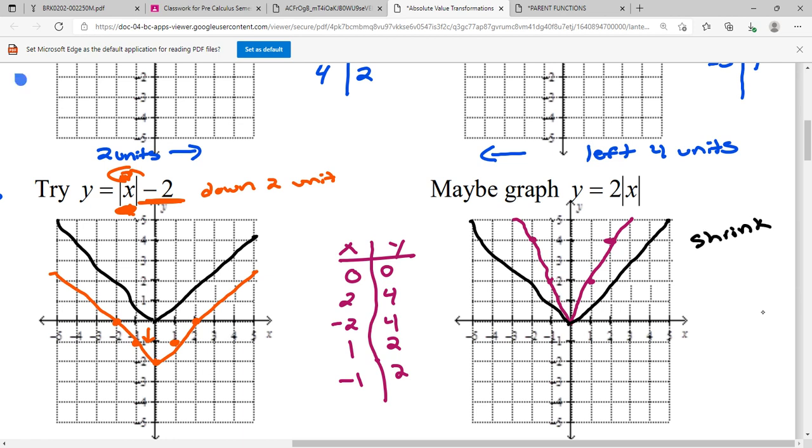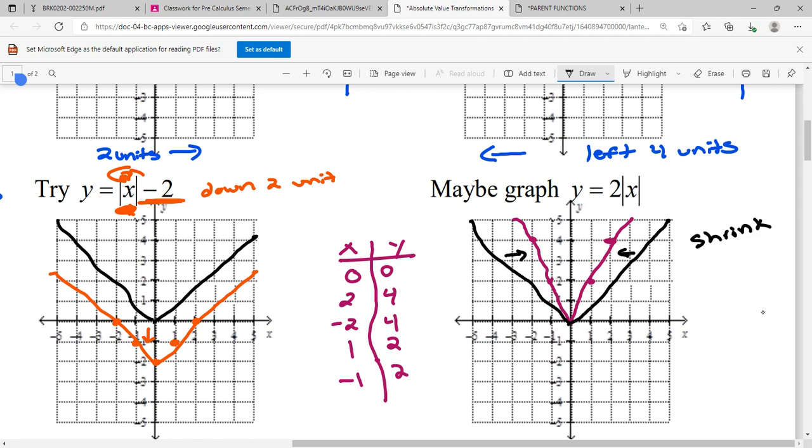It shrunk it down. So our slope changed, basically. If we look at the slope of both of these lines, this is up 1 over 1, up 1 over 1. This is a slope of 1. And the other side is just a slope of negative 1.